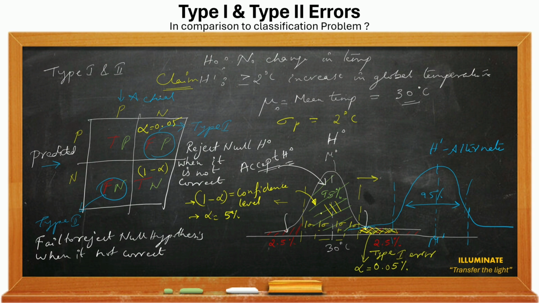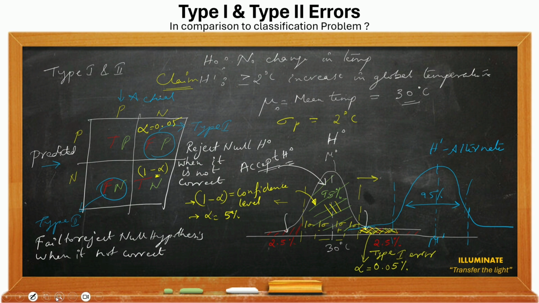So that is negative. But this 95% is correct, so it is a true negative. If it falls here and we are correctly saying there is no change in temperature, negative, that is correct. What we are saying is correct. So this is our confidence level, 1 minus alpha. Alpha is 0.05 and 1 minus alpha is your confidence level, true negative.